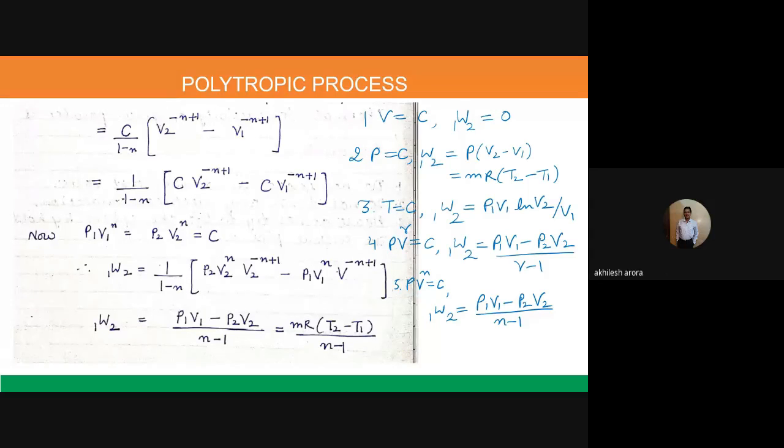See, polytropic process is a versatile process. It can take the shape of any other process. Okay, we can keep different values of n and then we can get all these processes. Okay, so I am going to tell you about that only in the next few slides.